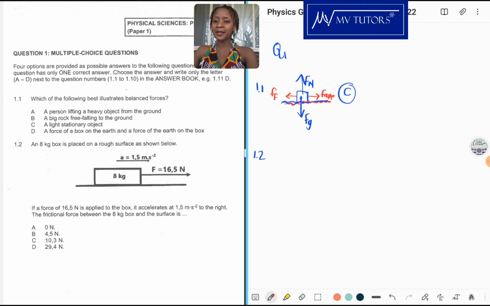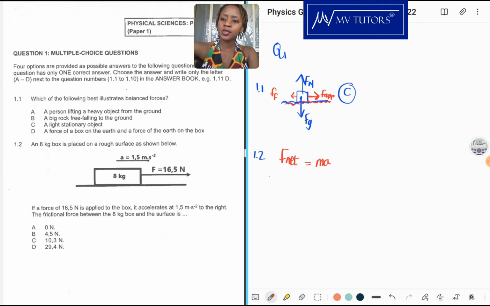So your friction can't be bigger than your applied force. This arrow should actually be longer and this one should be shorter, just to show magnitudes. I don't think they're strict on that though, but just saying. Okay, so the frictional force between the 8 kg box and the surface is, so we know here we have the net force equal to mass times acceleration.